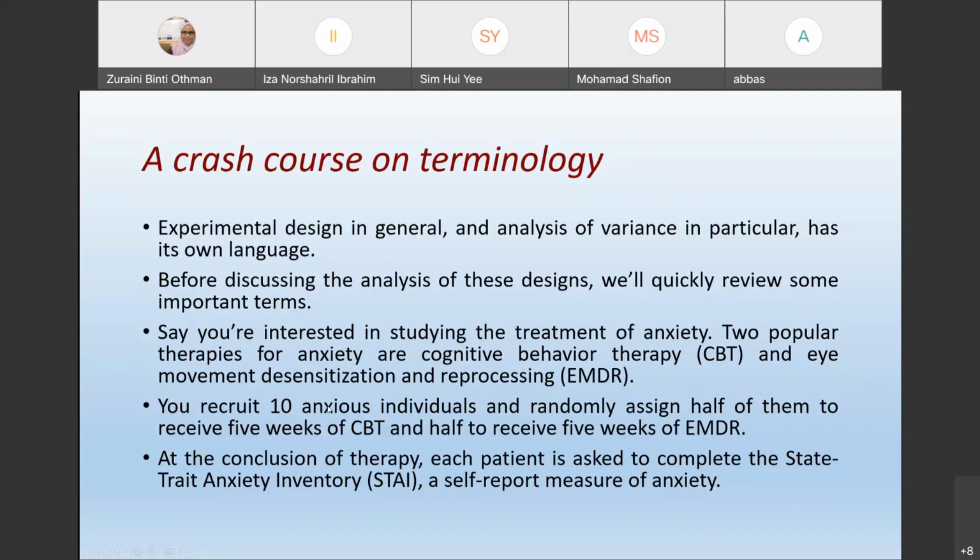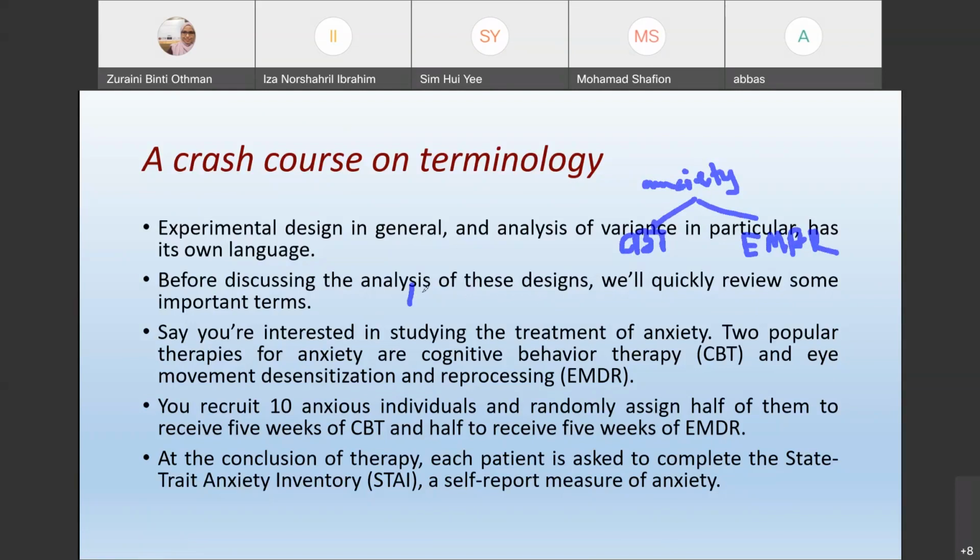Then you recruit 10 anxious individuals. This is our sample. 10 anxious individuals, randomly assigned half of them to receive 5 weeks of CBT and half to receive 5 weeks of EMDR. So we have treatment for anxiety. We have two therapies for this treatment, which is CBT, and another one is EMDR.